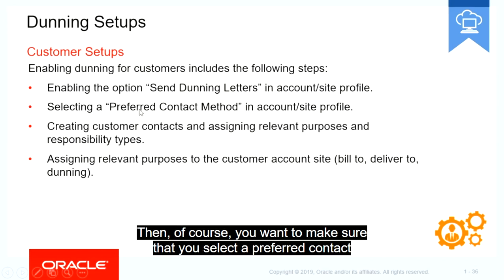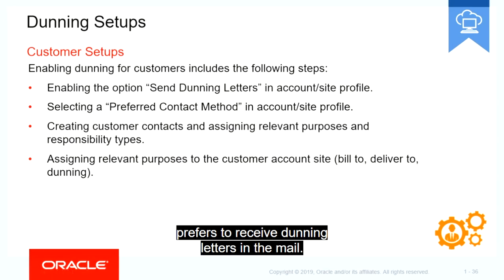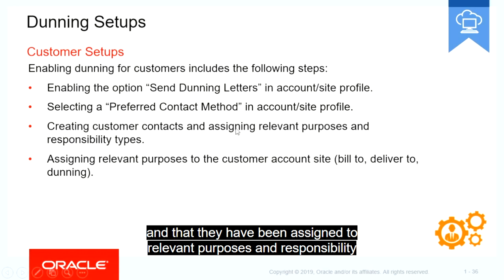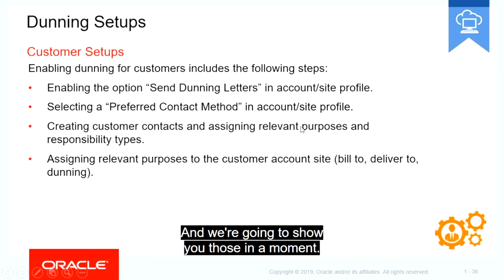Then, of course, you want to make sure that you select a preferred contact method that can be something like email, or maybe the customer prefers to receive Dunning letters in the mail. You want to make sure you have customer contacts and that they have been assigned to relevant purposes and responsibility types. And we're going to show you those in a moment. I'm going to navigate to look at a sample customer.